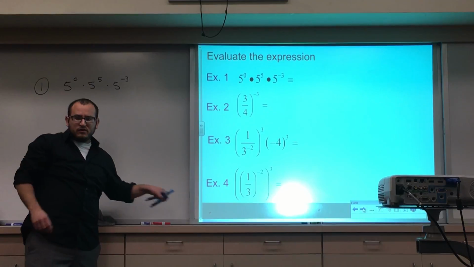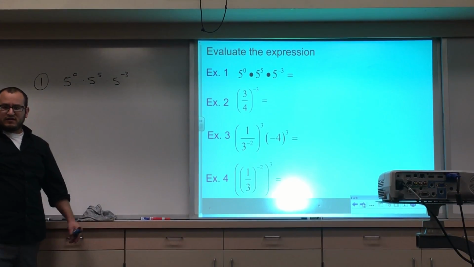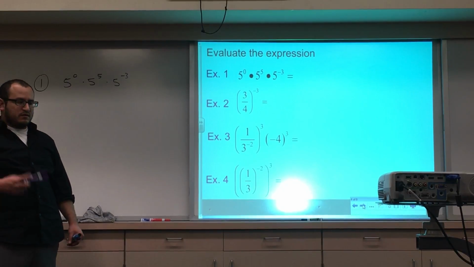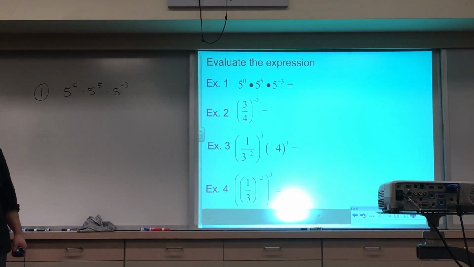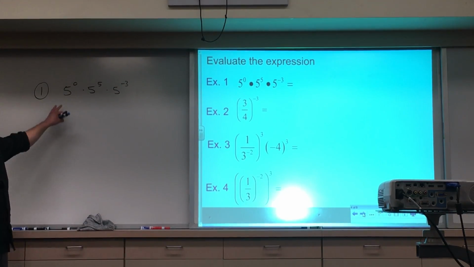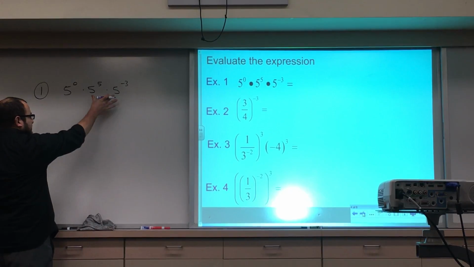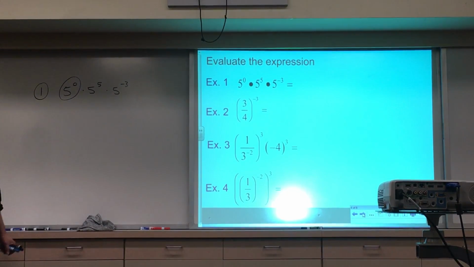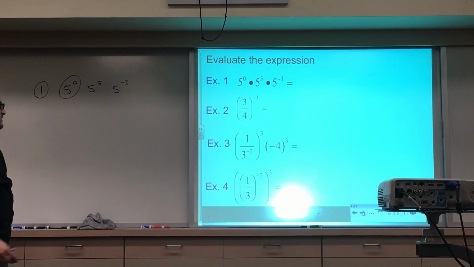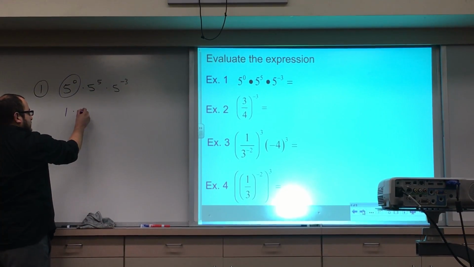If we notice problem number 1, our base is 5. So we're multiplying 5 to the 0, 5 to the power of 5, and 5 to the power of negative 3. Since they're all the same base, let's take them individually. Anything to the power of 0 is going to be 1, so I'm going to change that into 1. 5 to the power of 5 stays the same.